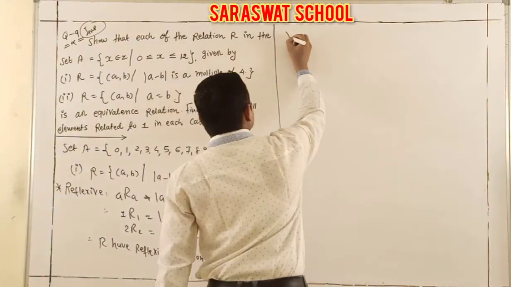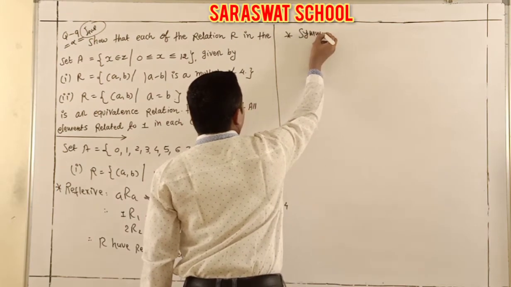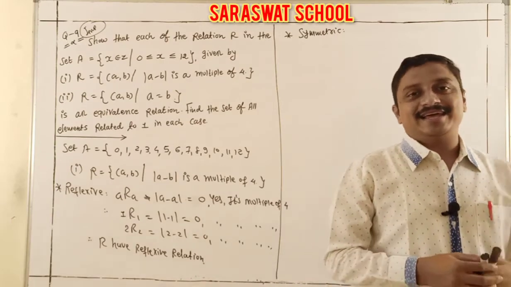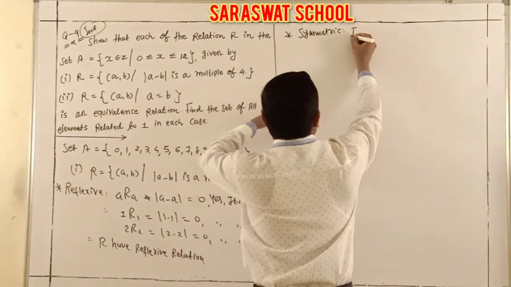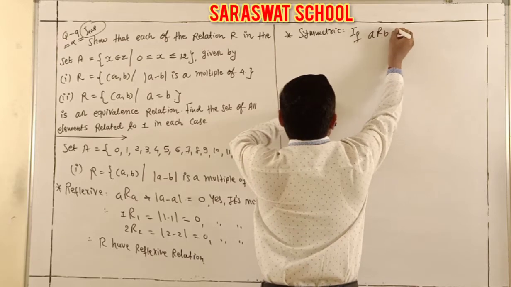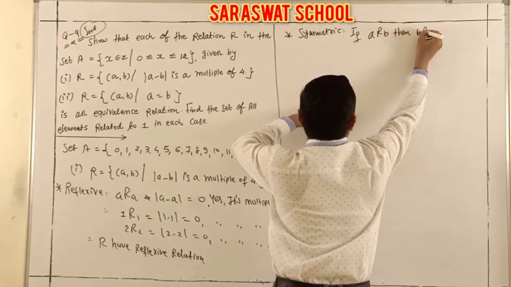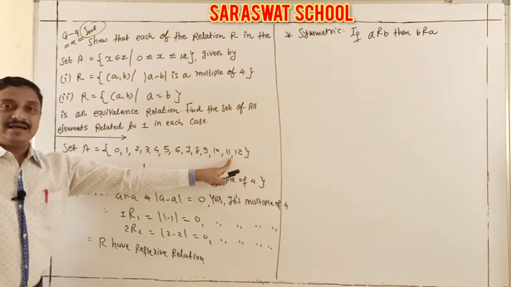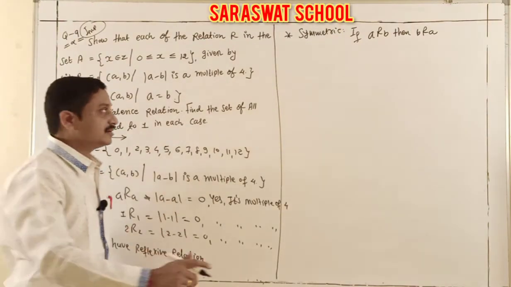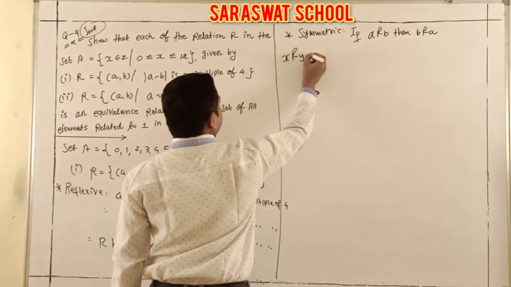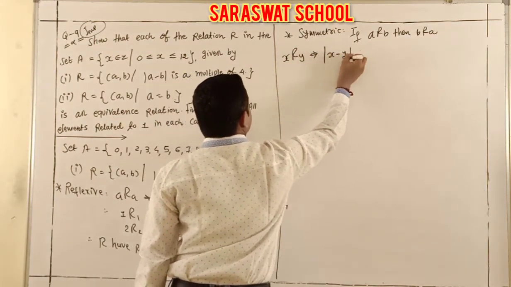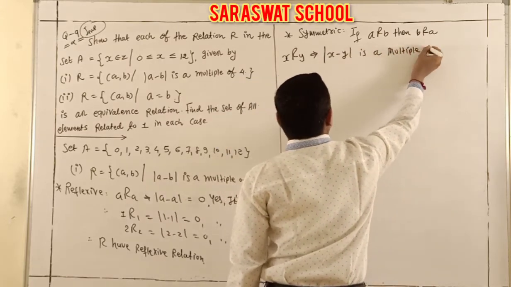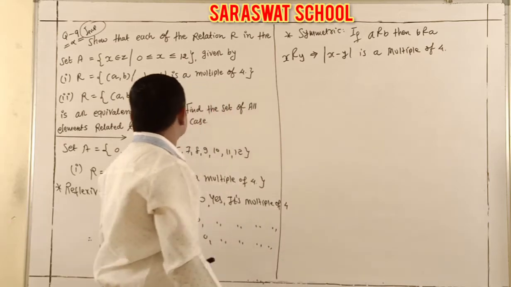Now I move ahead to the symmetric relation. What is the rule? The rule is that if a is related to b, then b is related to a. So here you take numbers from 0 to 12. In general, I take x related to y: |x minus y| is a multiple of 4. That is your question.